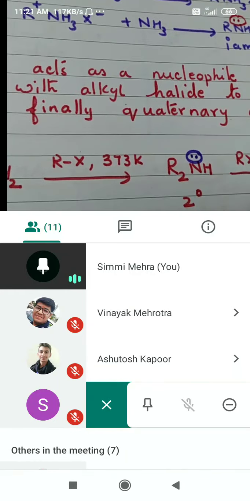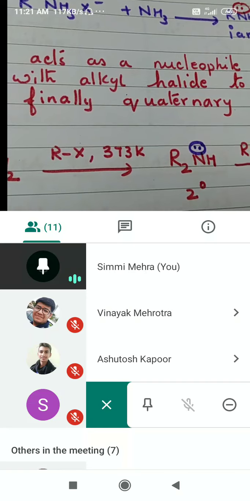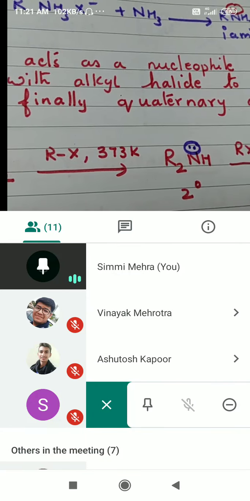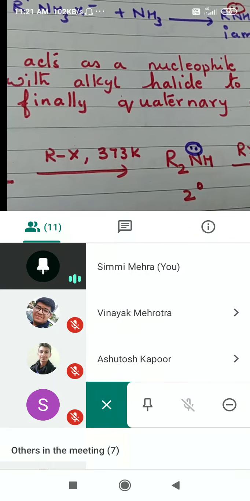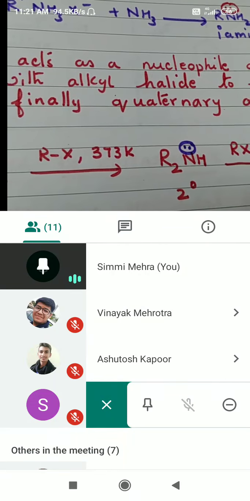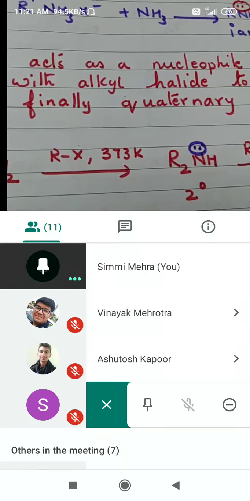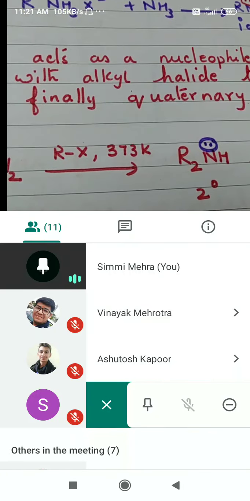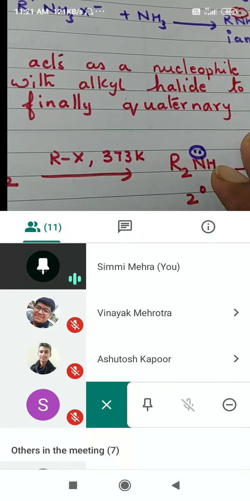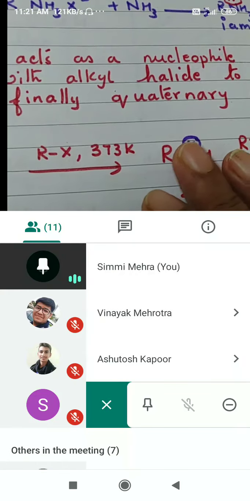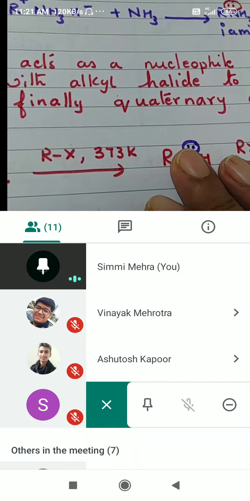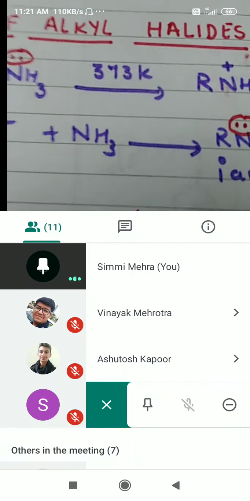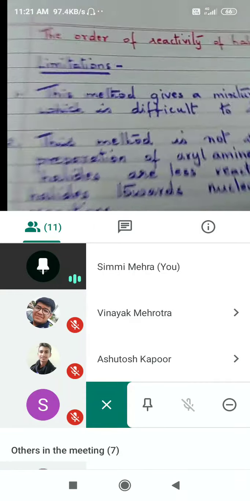Such reactions are discouraged in organic chemistry because we will have to spend money in separation of these compounds, and the scope of organic chemistry is in industries. So this reaction cannot be used to produce amines on a larger scale. It is not a very good reaction. Now, what are the limitations of this?